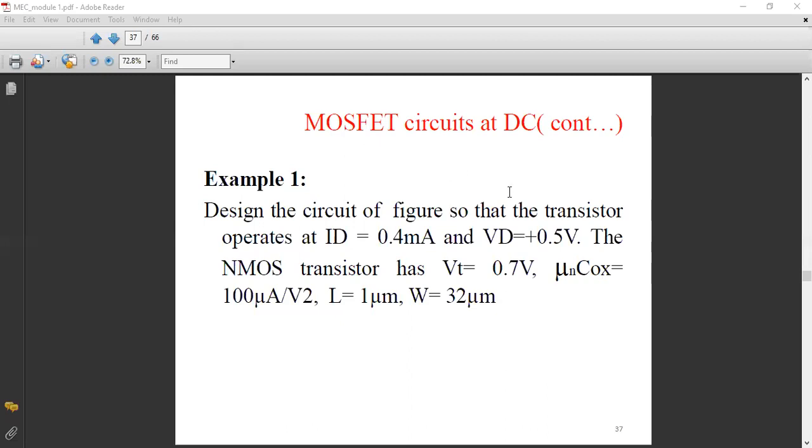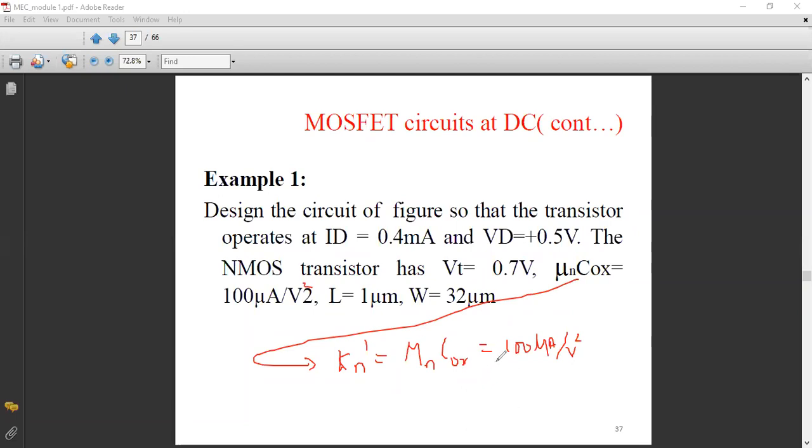Mu n into COX is nothing but your Kn dash. Kn dash is equal to mu n into COX, that is mobility into capacitance of the oxide layer, which is constant for this particular MOSFET, based upon its manufacturing process. So 100 microampere per volt square it is.